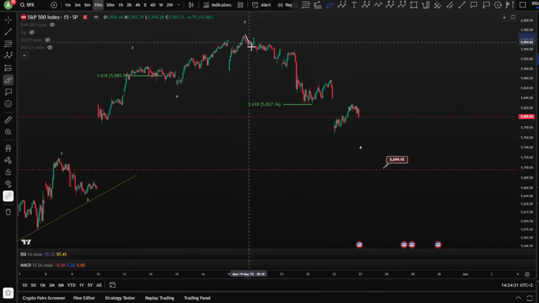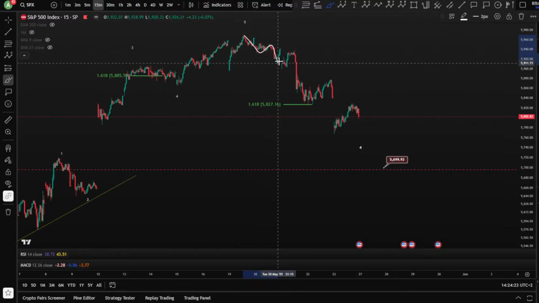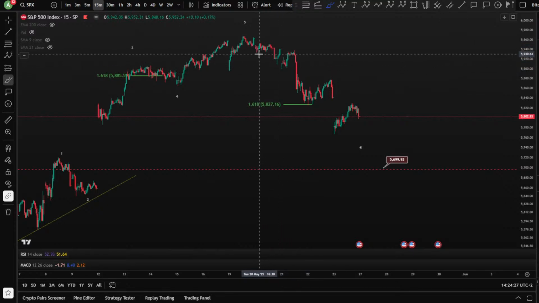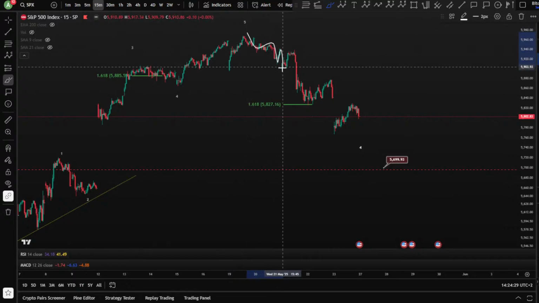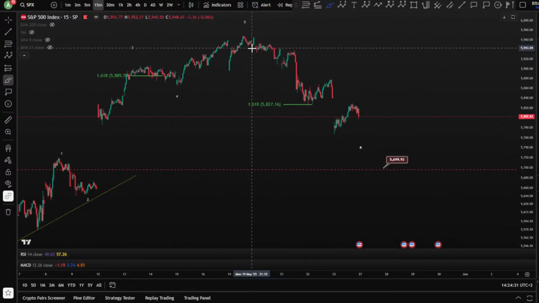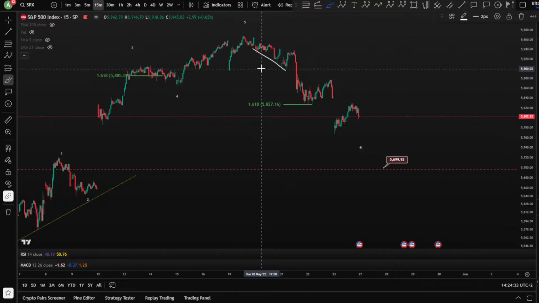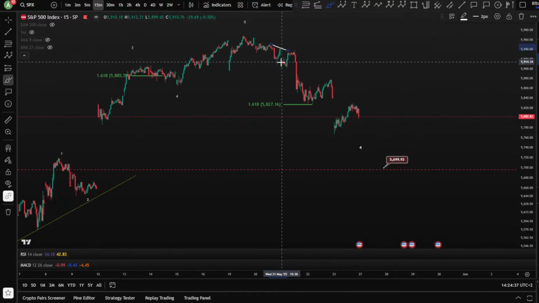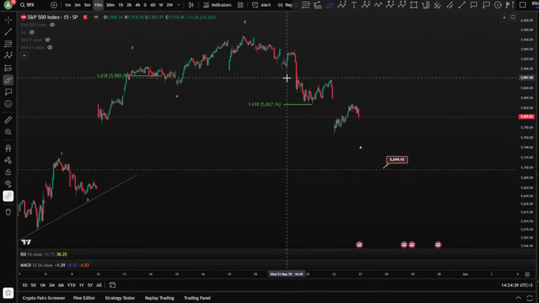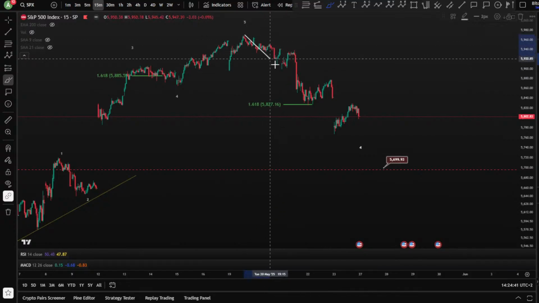Very choppy. And as a leading diagonal 1, 2, 3, 4, 5, well, yeah, it's also not nice to look at. I'm not so much convinced of it. Yeah, it looks a little bit expanding with the 2 and the wave 4. So the wave 4 is longer than wave 2, which is not good.